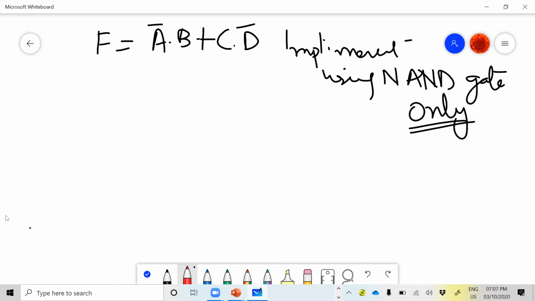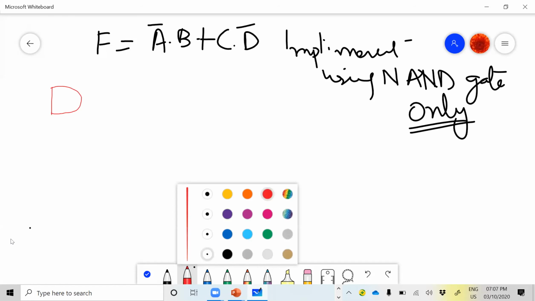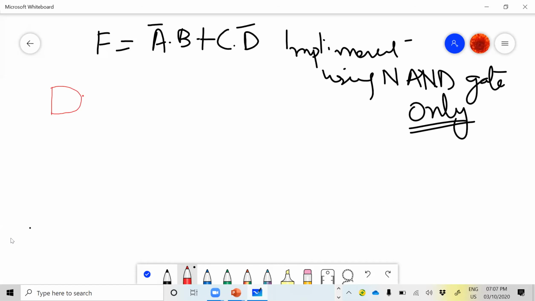For that, I'll first tell you the NAND gate symbol. This is the NAND gate symbol, guys. We have two inputs, A and B. Can you tell me the function?